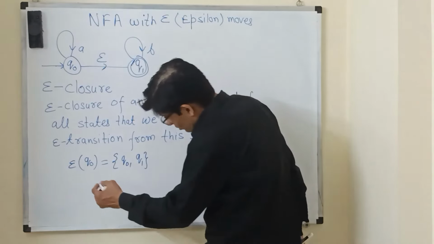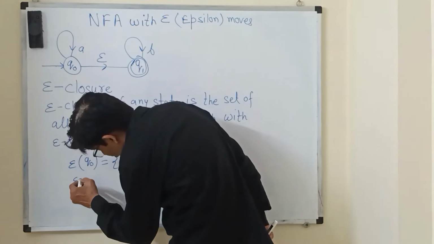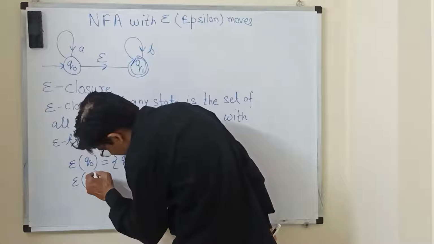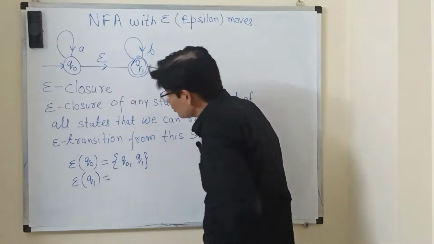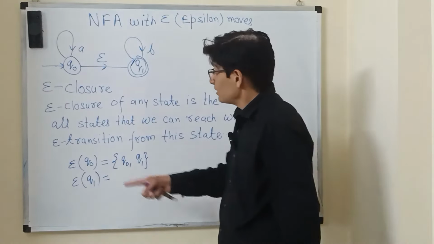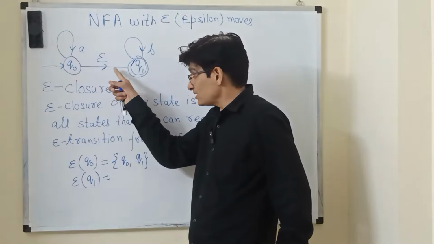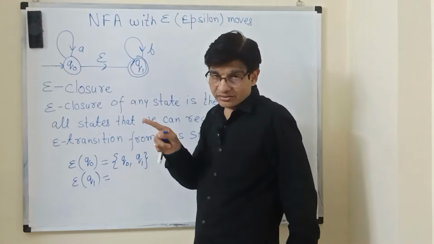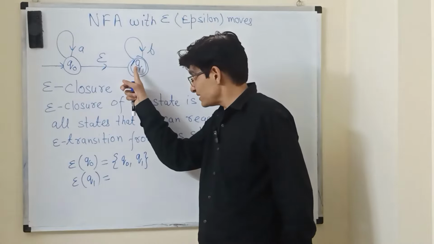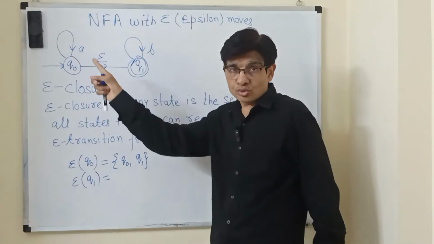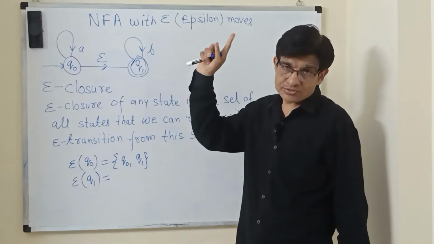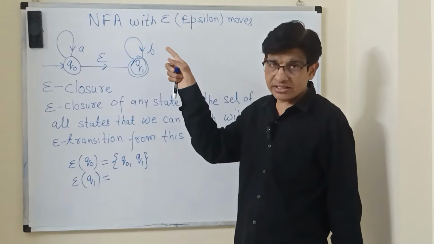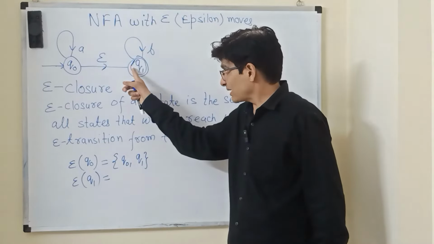Now if we find epsilon closure of Q1 in this particular machine, you can see here, the direction of this transition is from Q0 to Q1. That means once we reach Q1, we cannot go back to Q0 using epsilon transition, as there is no transition in the backward direction.